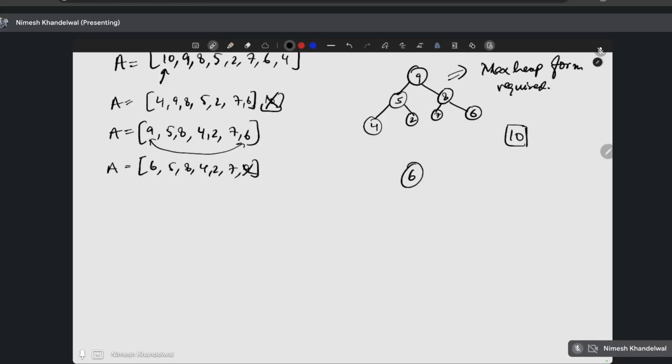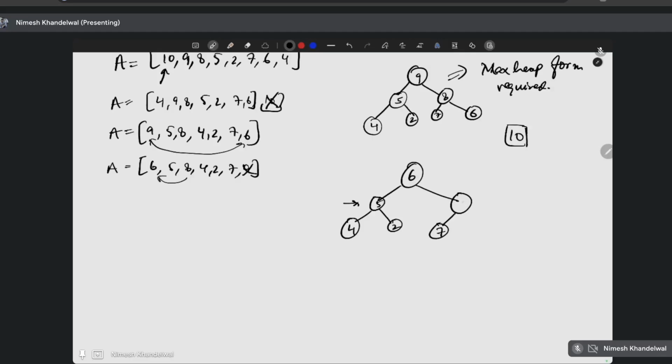So the tree now is 6, 5, 8, 4, 2, 2, 7. Right, so starting at the second level, all the subtrees are balanced. Starting at the root, going back from here.